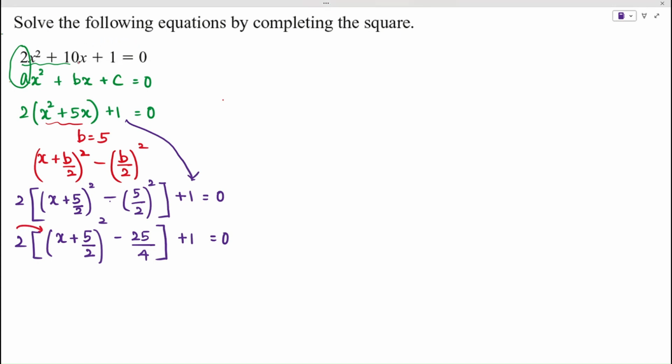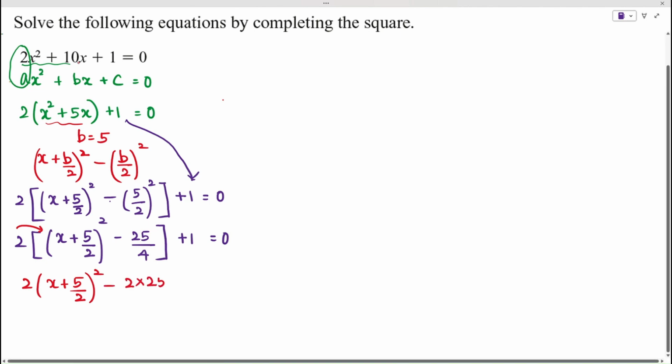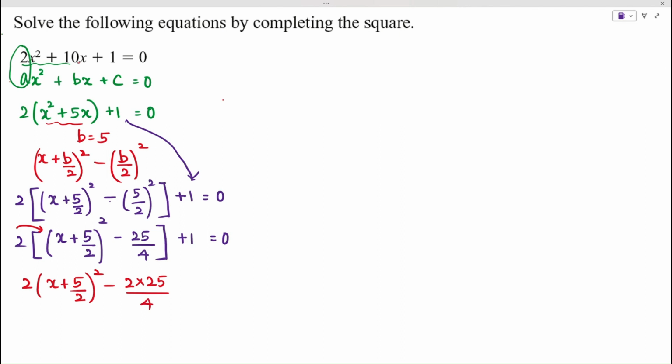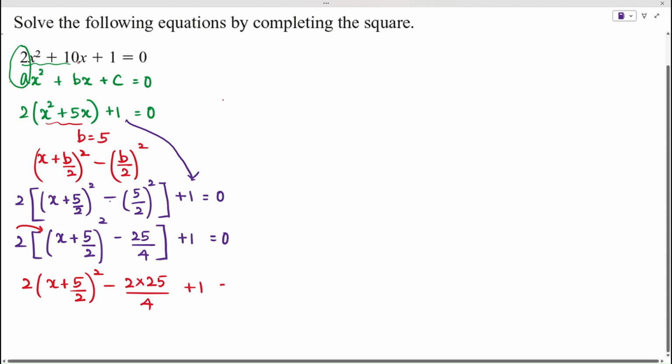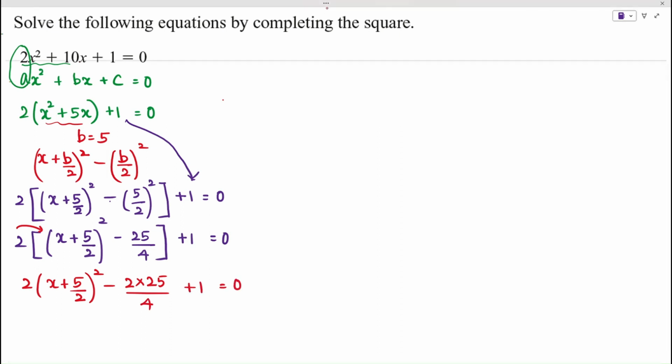So we get 2 times x plus 5 over 2 the whole squared minus 2 times 25 over 4 plus 1 is equal to 0. Now we can cancel out the 2 in our numerator and divide our denominator by 2. This gives us 25 over 2.